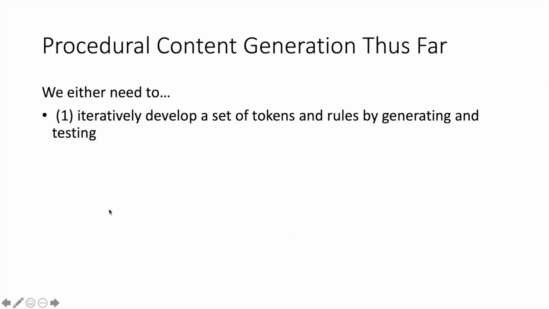So the story for PCG, procedural content generation, so far has been that we either need to iteratively develop a set of tokens and rules for generating and testing. So what do I mean by that, right?